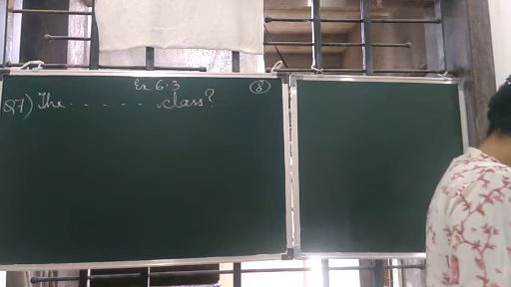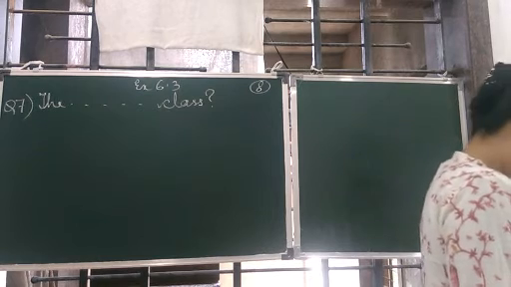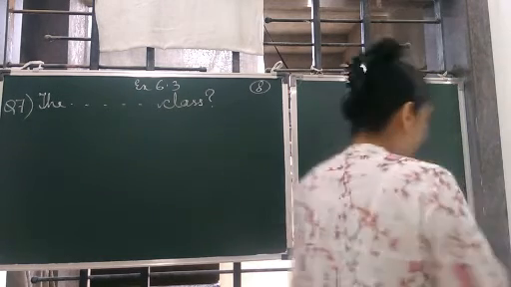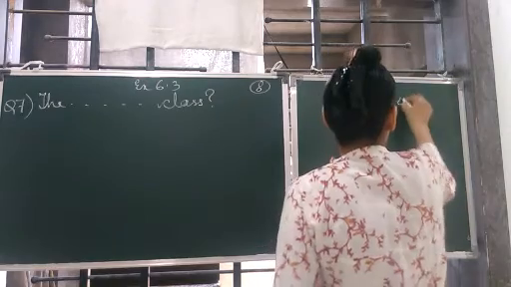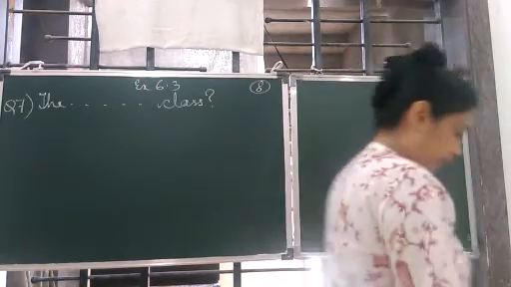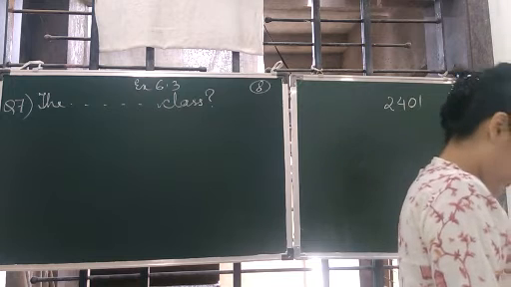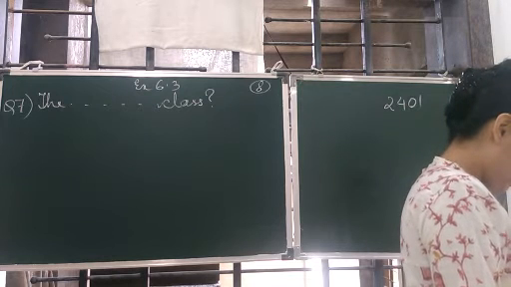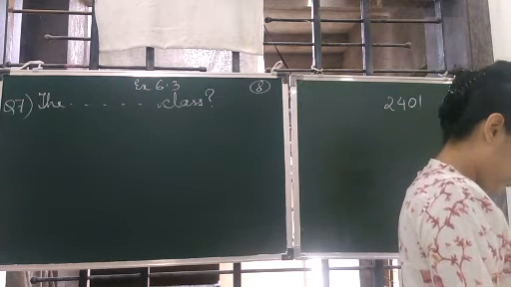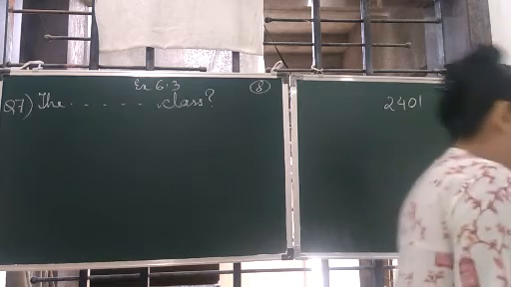The students of class 8 donated rupees 2401. इतने पैसे डोनेट किए क्लास 8 के बच्चे फॉर द पीएम नेशनल रिलीफ फंड. Okay, each student donated as many rupees as the number of students in the class.